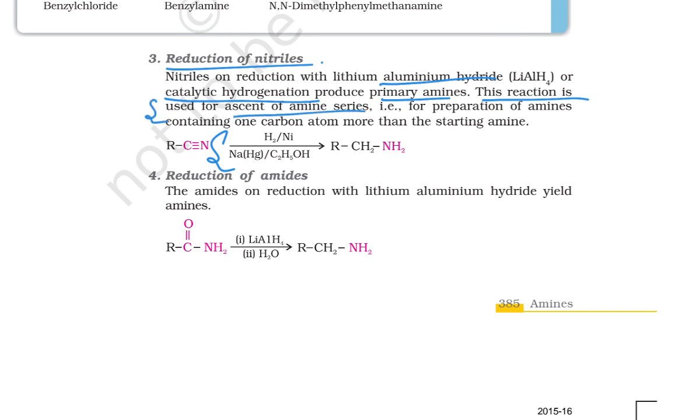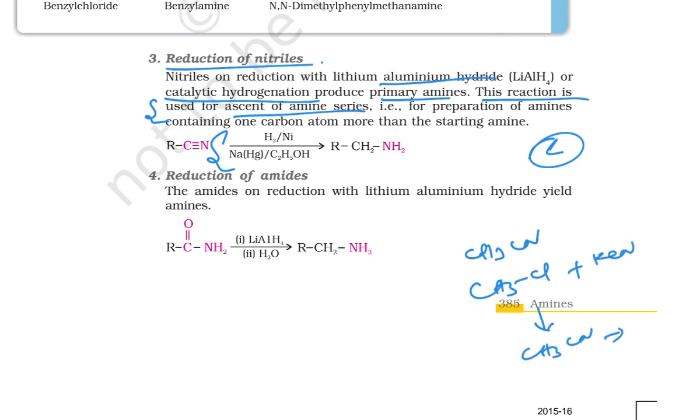Ascend the amine series means it increases the number of carbon. Say for example, if I am taking methyl chloride, in this I am going to substitute the CN, right. If I am taking KCN, at that time we will get CH3CN, and then I will get ethanamine. That is what we got here.